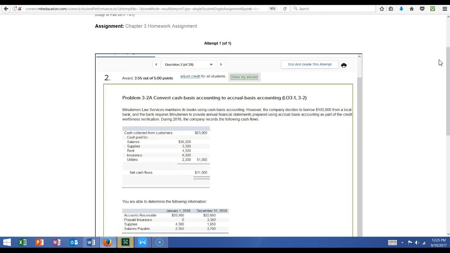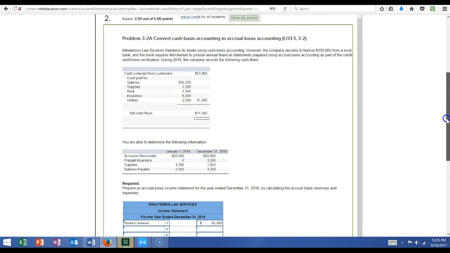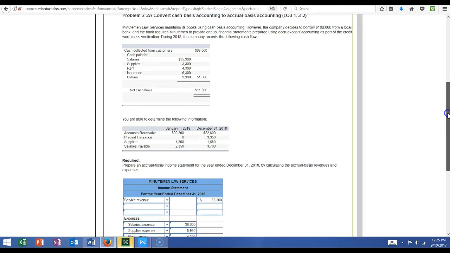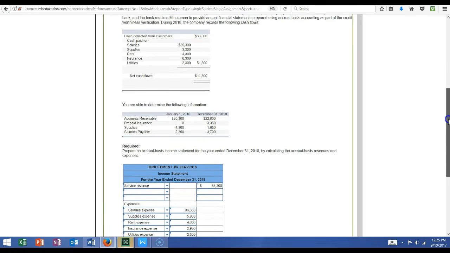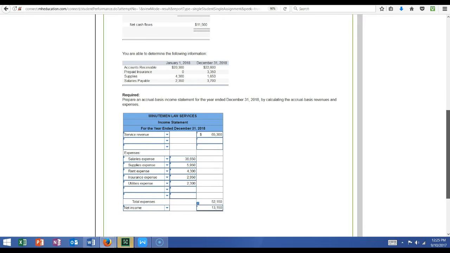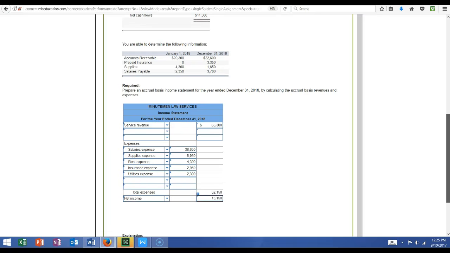What is the salaries expense? Okay, so the salaries expense, maybe I didn't go over that. I'm sorry. So the salaries expense, yeah, I did, of $35,300 here is what was paid out in cash. But the salaries expense of $35,300 plus the 3,700 minus the 2,350 means our salaries expense would be 36,650.